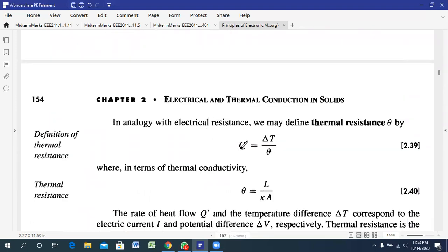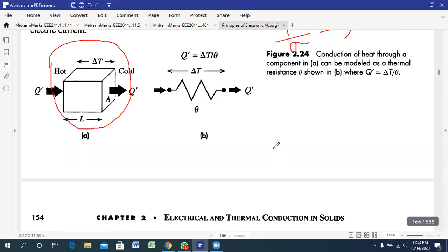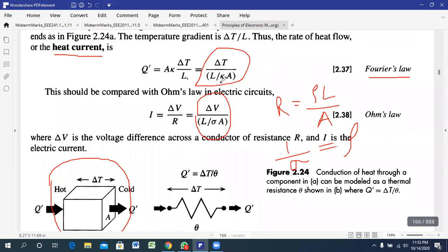So that one is Q prime equals delta T divided by theta, where theta is known as thermal resistance. The denominator part is known as the resistance part. If we compare these two equations, the denominator is the thermal resistance, denoted by theta.